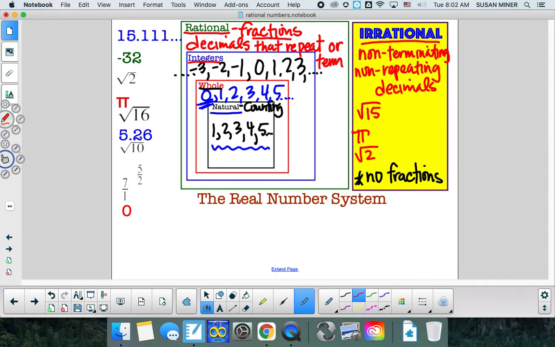And what that means is if I have a decimal number that repeats, like 0.333 repeating, well, that's a decimal number that I can actually turn back into a fraction. It could also be expressed as the fraction 1/3. If I have a decimal number that terminates, that means it stops. 0.5. There's no other numbers besides zeros after it. And so I can turn that back into a fraction. It represents the fraction 1/2.